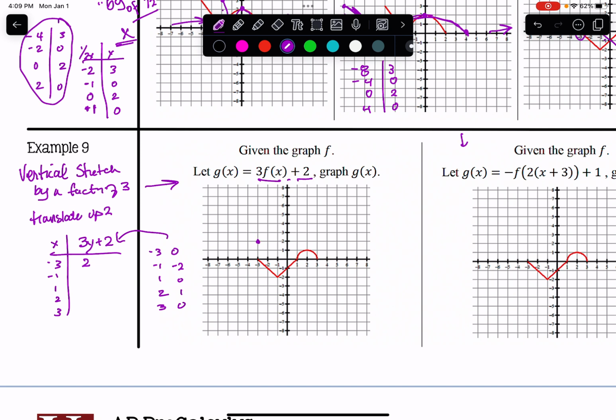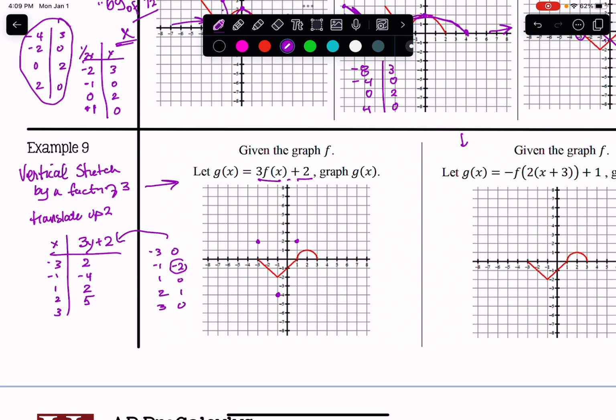Okay. At negative 1, I have negative 2 times 3, which is negative 6 plus 2, which is negative 4. So at negative 1, I'm down here at negative 4. At 1, I had 0, and that would be 2 again. So when I'm at 1, I'm at 2 again. Okay. At 2, I was at 1, so 3 times 1 is 3 plus 2 is 5.